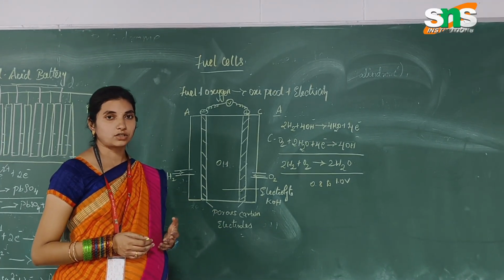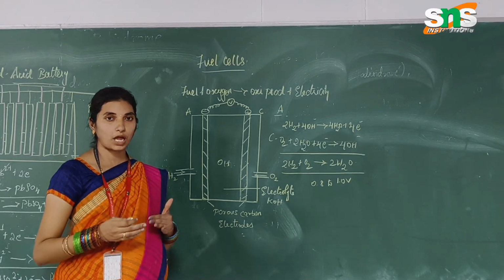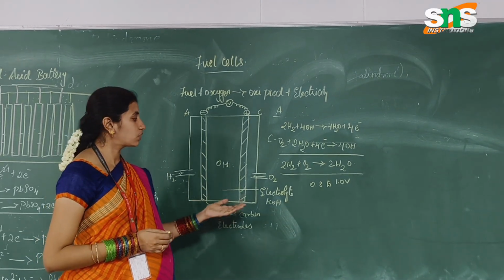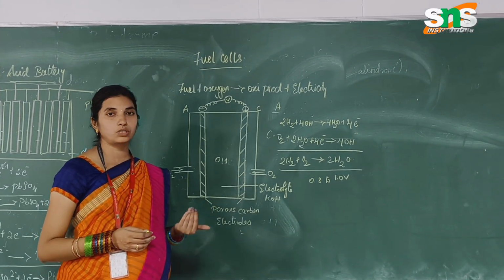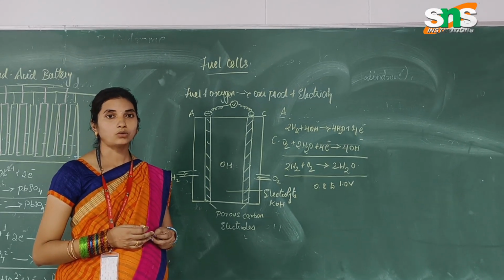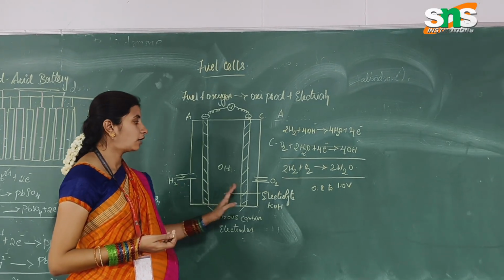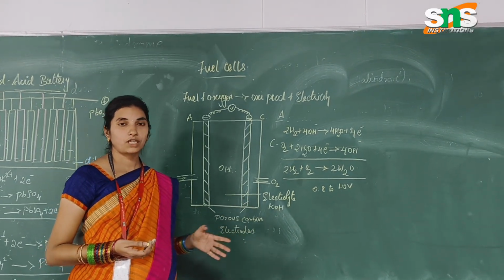Hydrogen is bubbled through the anode compartment and oxygen through the cathode compartment, as in a voltaic cell.